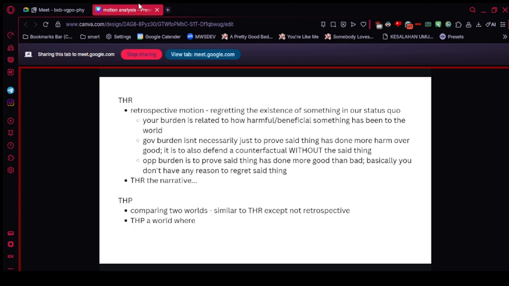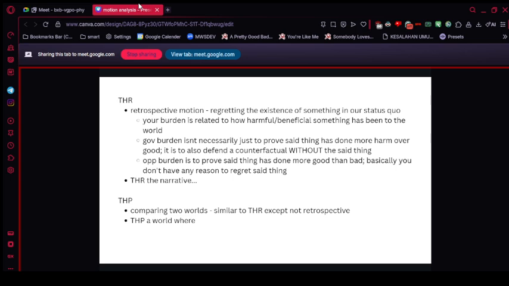Of course, it's kind of hard to actually prove that, but it is possible because your burden here is not to prove that suffering is necessary for success. Your burden here is not to prove that pain is not necessary for success. Your burden here is to prove that the narrative that pain is necessary for success is bad, right?